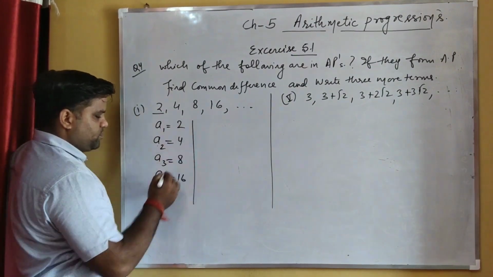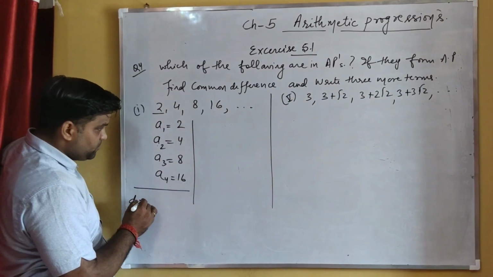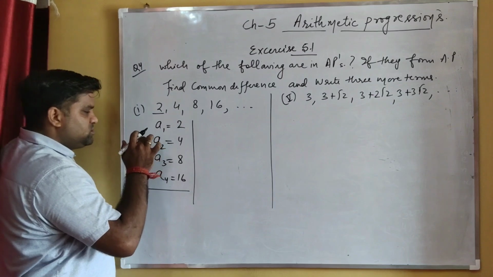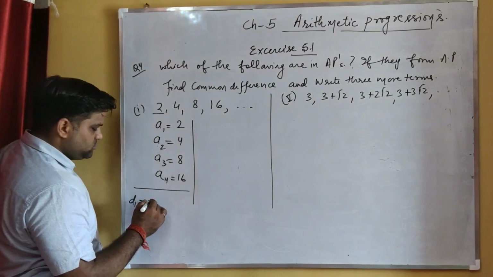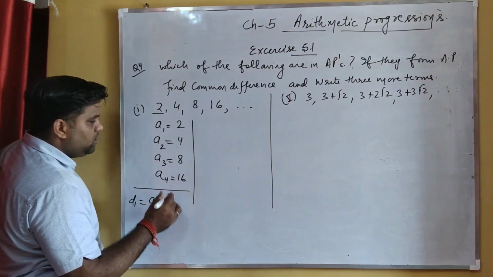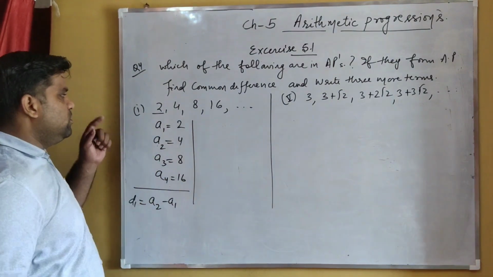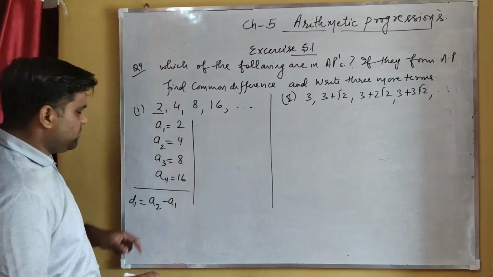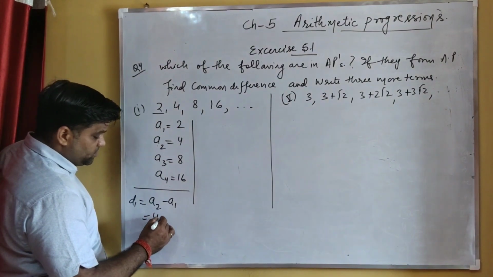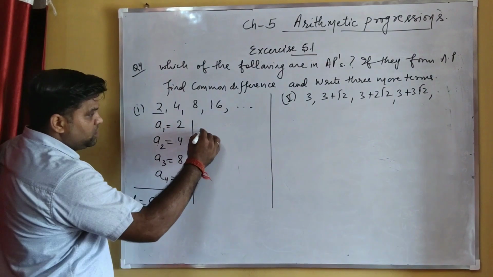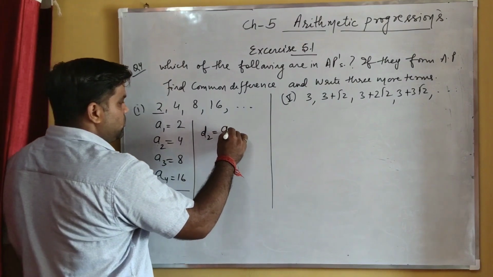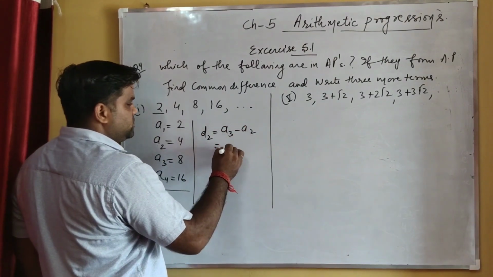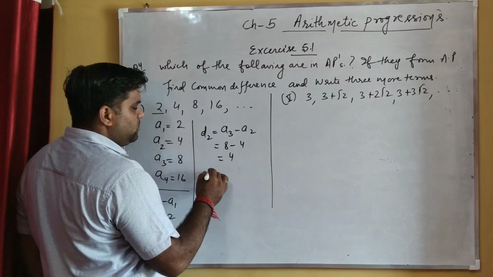For it, we find the common difference between the second term and first term. So we write a2 minus a1, because we always subtract the previous term from the successive term. So a2 is 4 minus 2, we get 2. Similarly d2 is equal to a3 minus a2, which is 8 minus 4, which is 4.